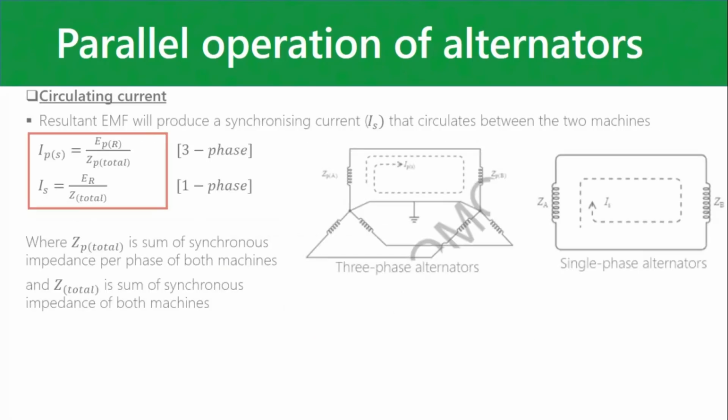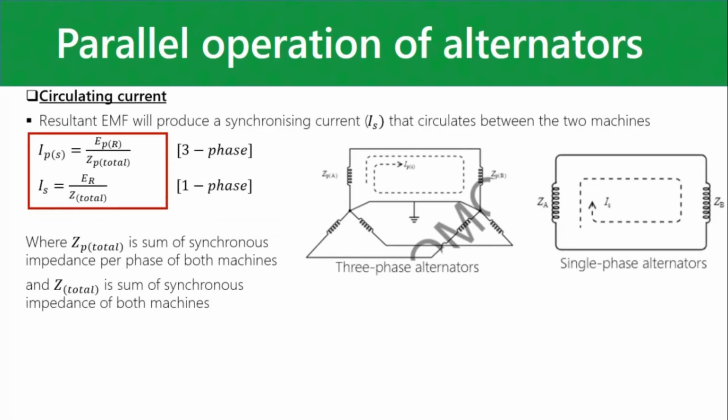Okay, so then what happens if you look at the drawing, the three-phase one there, for instance. Now that those two alternators are connected onto the bus bars, you'll get this current circulating between alternator A and B, because you have a resultant voltage between the two of them.